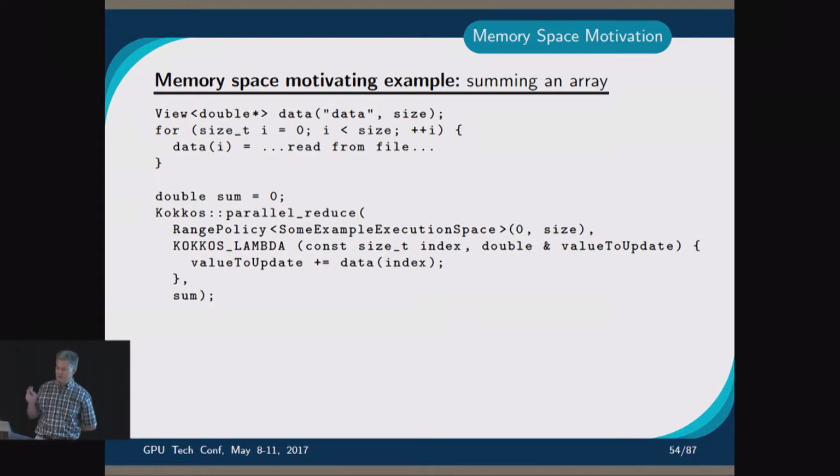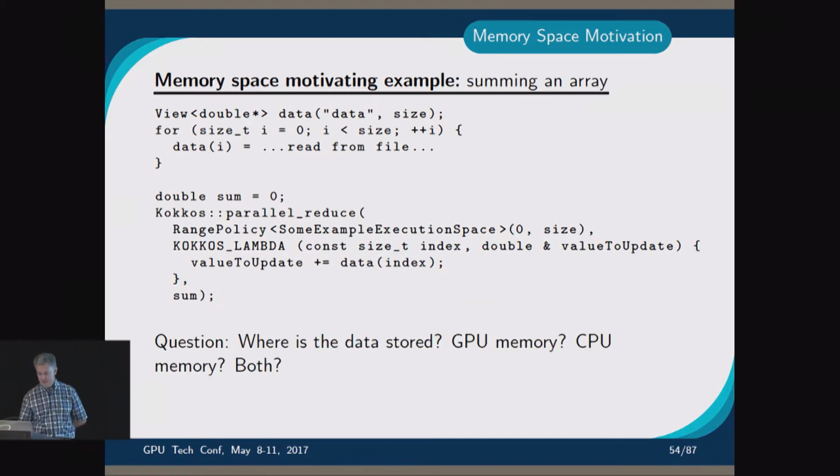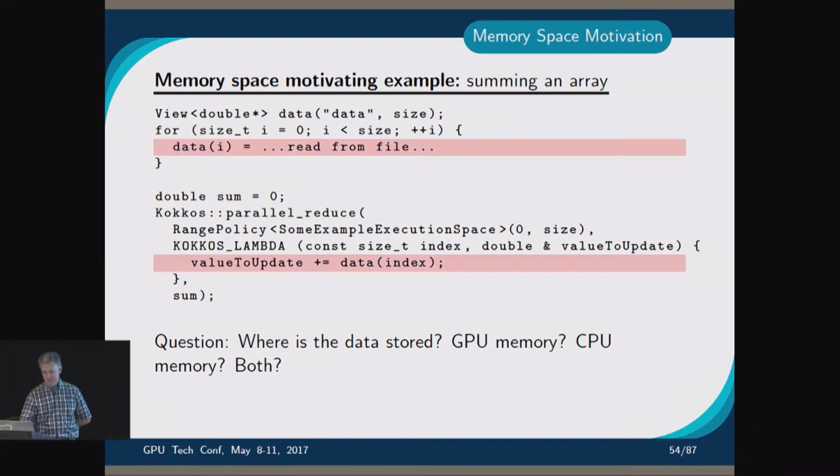Okay, so we talked about where things get run, but now there's the question of where things get stored. So when we say this data is going to get allocated, does it get stored in GPU memory, CPU memory, both? I won't do the pop quiz right now.